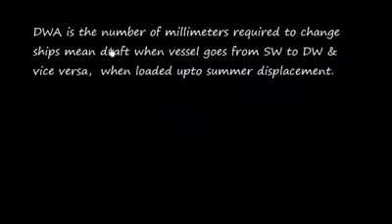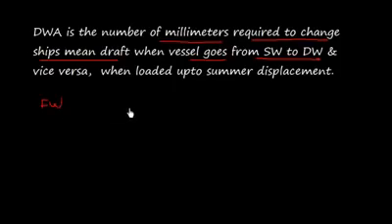Now we can define dock water allowance as the number of millimeters required to change the ship's mean draft when the vessel goes from salt water to dock water, and vice versa, when loaded up to summer displacement.